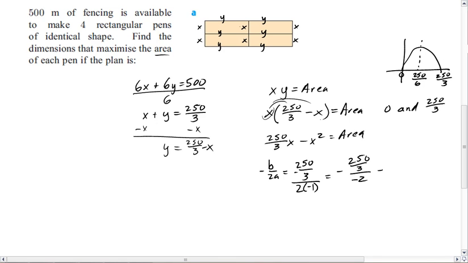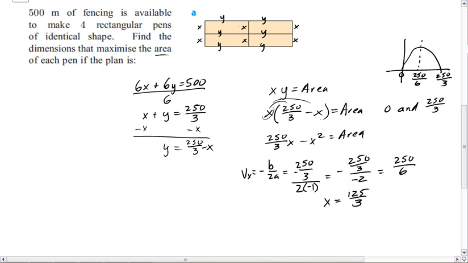And so when you do that, you'll get the same thing that I got up there, which would be 250 over 6. So either way, we found the x value of the vertex. Now once we've got the x value of the vertex, we can just plug that in to get the y value. So the x value of the vertex is 250 over 6, which is 125 over 3.